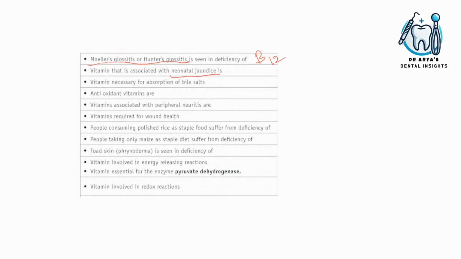The neonatal jaundice associated vitamin is vitamin K. For absorption of bile salts, the vitamins are D and K. Antioxidant vitamins are vitamin A, vitamin E and vitamin C. Vitamins associated with peripheral neuritis are vitamin B1, then B12, B6 and E. Vitamins required for wound healing are A and C.